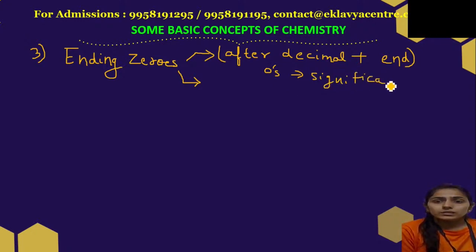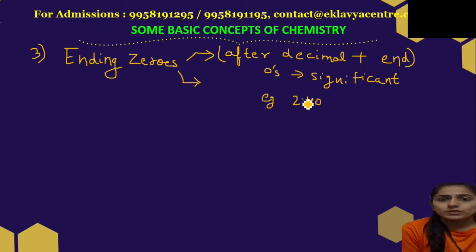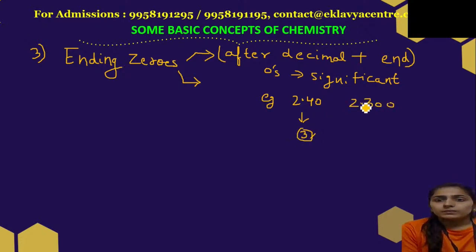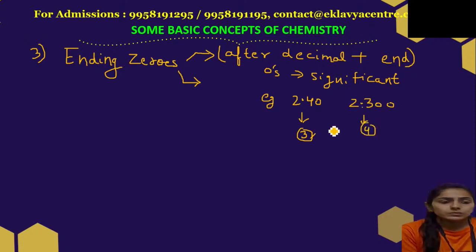All the zeros will be considered as significant in nature. For example, we have 2.40. Now the 0 is at the end and after a decimal, so there are 3 significant figures. We have 2.300. Again, zeros are after decimal and at the end, so we have 4 significant figures.